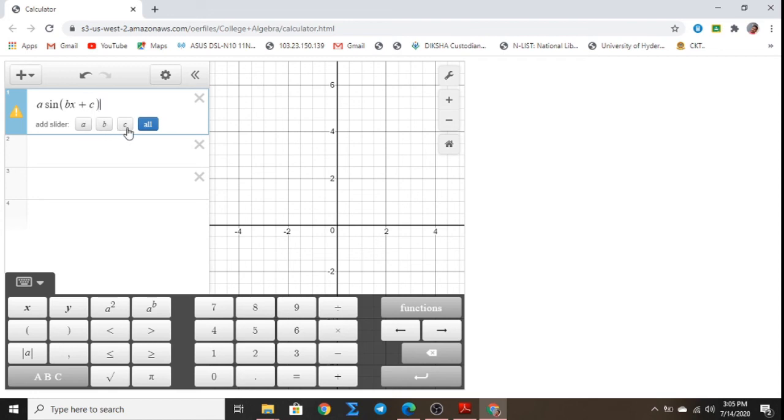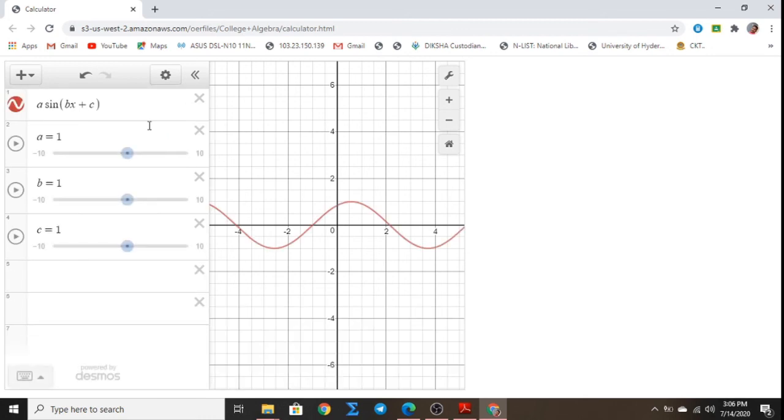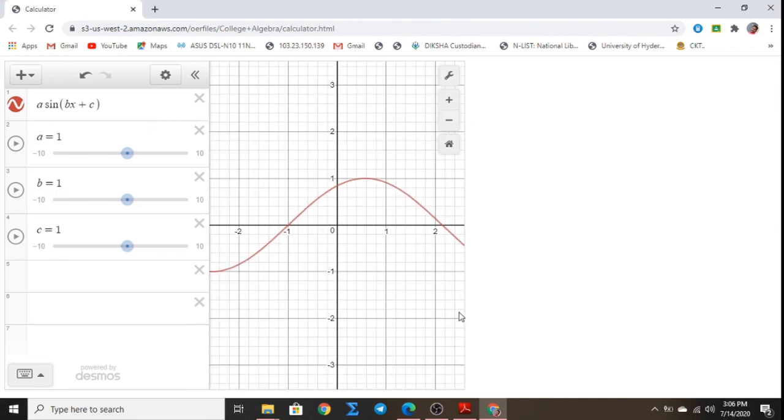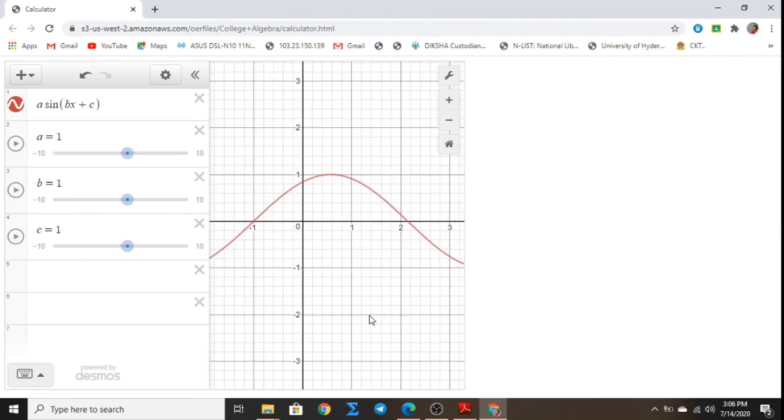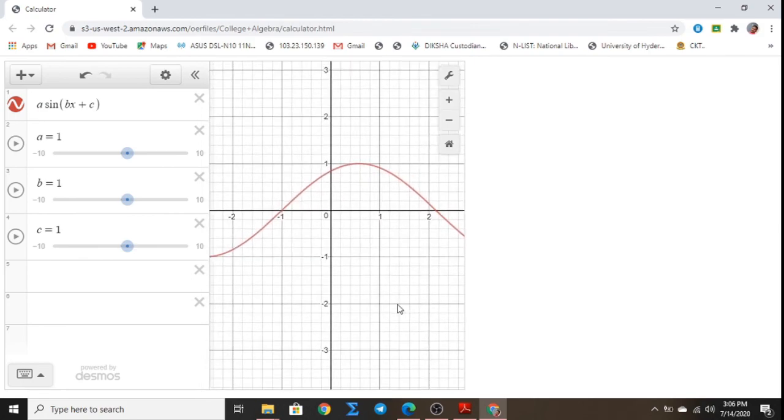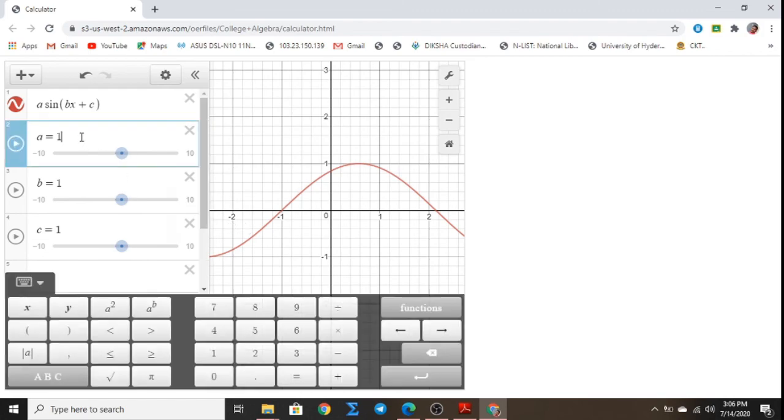If we change these parameters, let us see what the graph will be. We can move this graph here and there, no problem. Now if I put a equal to 1, a means amplitude is equal to 1. See here, this is the amplitude.